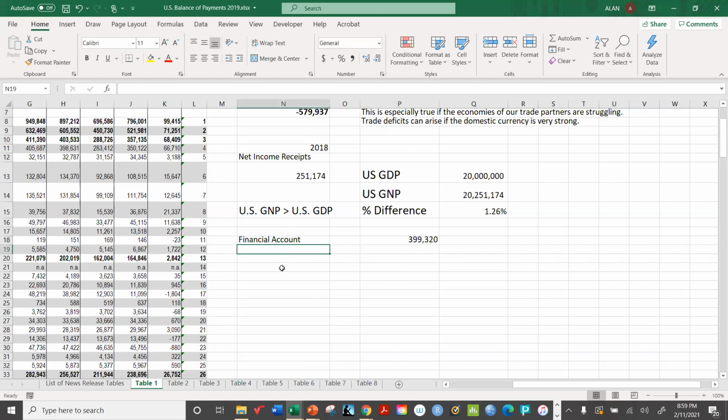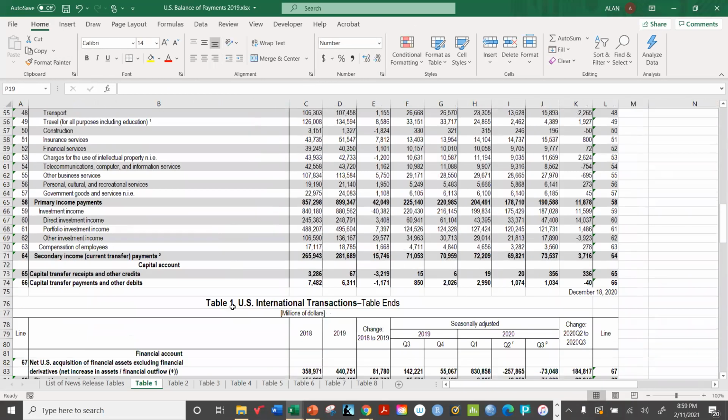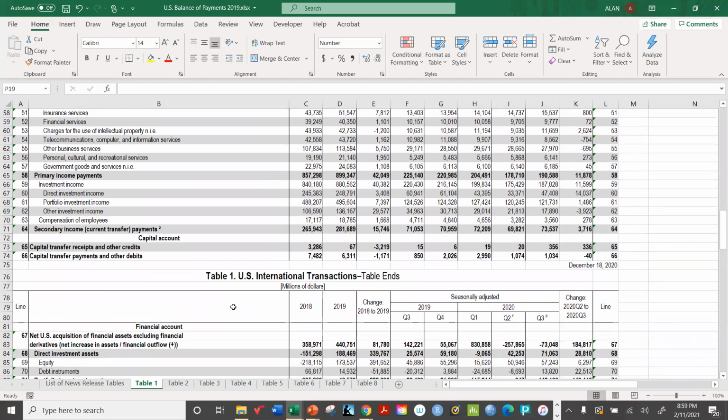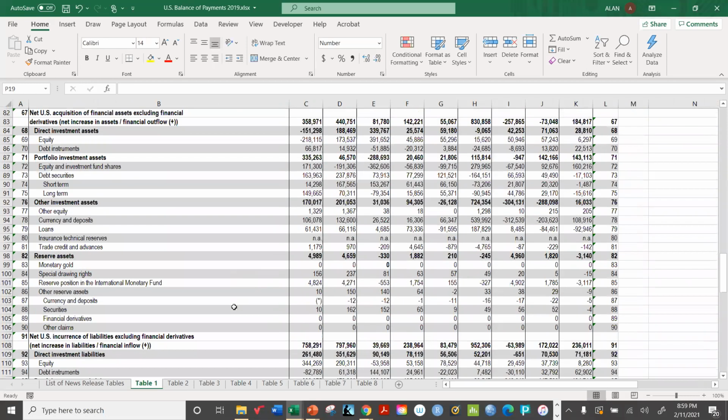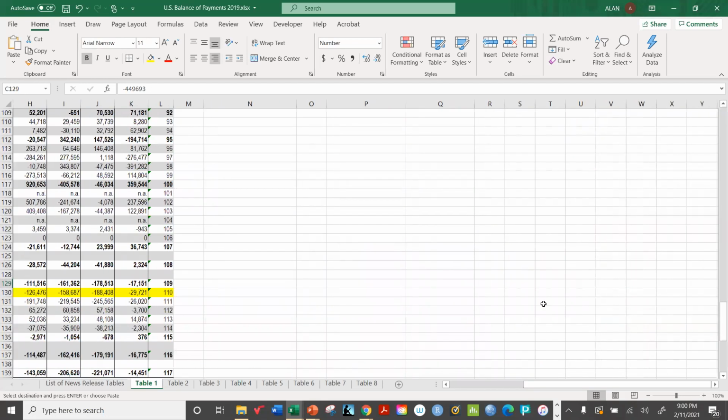And then the current account balance is, of course, a deficit. Now, the reason why I'm doing this is because they're supposed to add up. The current account balance is actually listed here. There it is. It's a huge deficit.